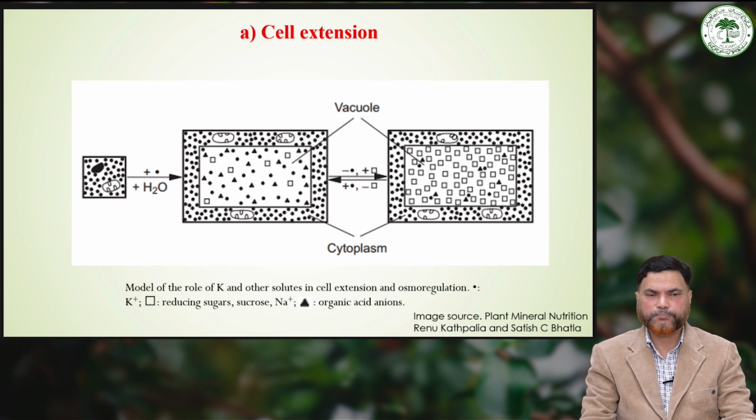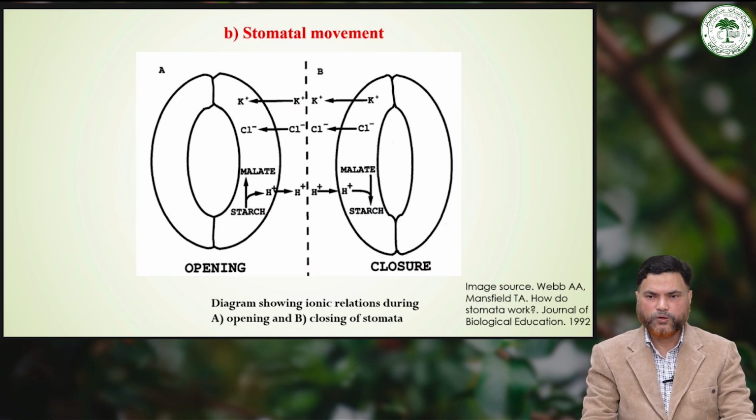Decreasing the pH in the apoplast is very crucial for activating enzymes involved in loosening the cell wall, as you see in the figure. Now, a very important role played by potassium we have discussed in detail while discussing the opening and closing of stomata.